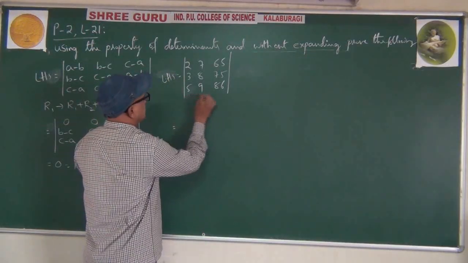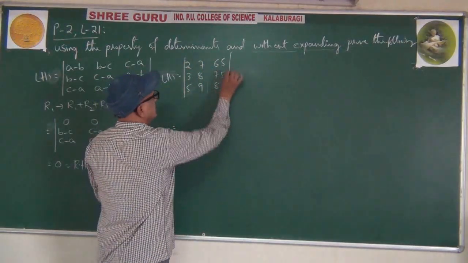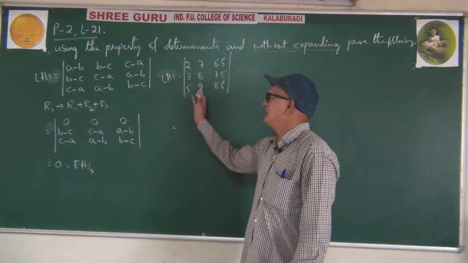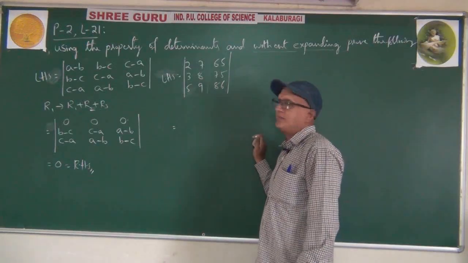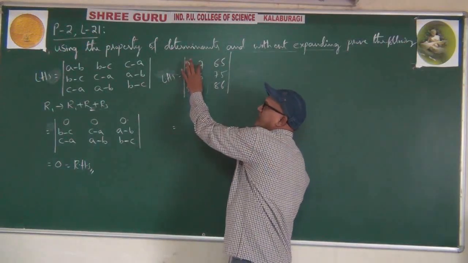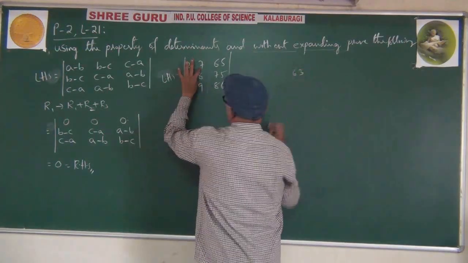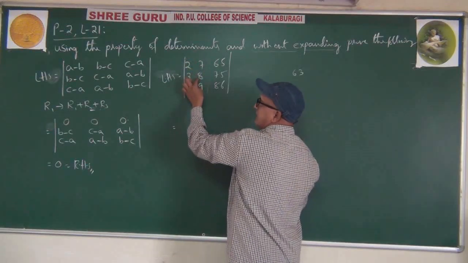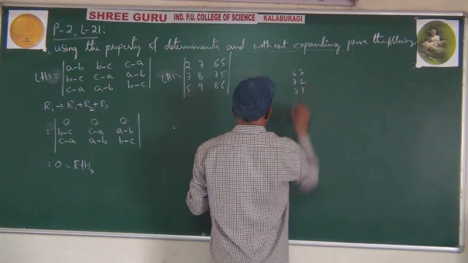Observe carefully. These two columns are like simple numbers. This column is very big numbers compared with these. Means we need some multiples. Observe carefully. 7 9s are 63. 63 and 65 very close. 8 9s are 72. 9 9s are 81.